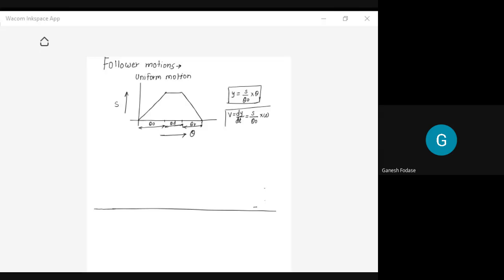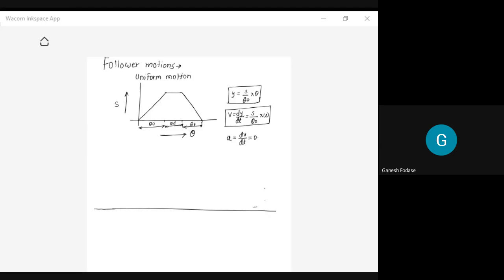All terms in this equation are constants. So velocity equals s upon theta o into omega, and as it is constant, at theta equal to 0, theta equal to theta o, or at any angle, its value remains the same. Then we determine the equation for acceleration, and as the velocity is constant, acceleration is equal to 0.